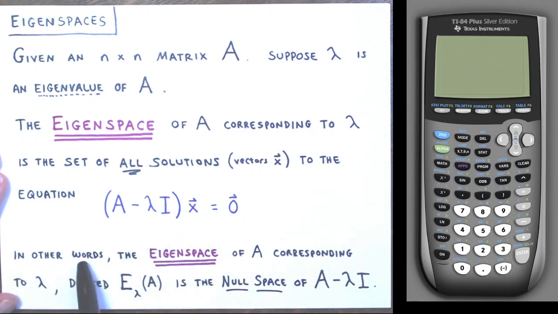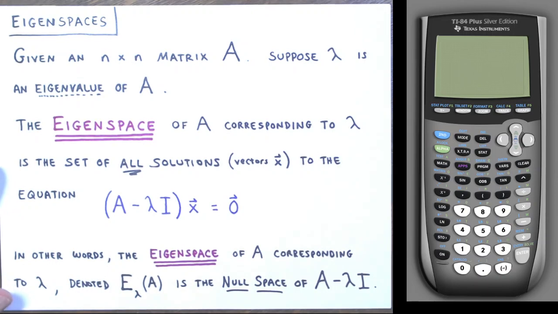In other words, for the eigenspace of A corresponding to lambda, I hadn't written this in previous videos, but now we're going to introduce a notation.